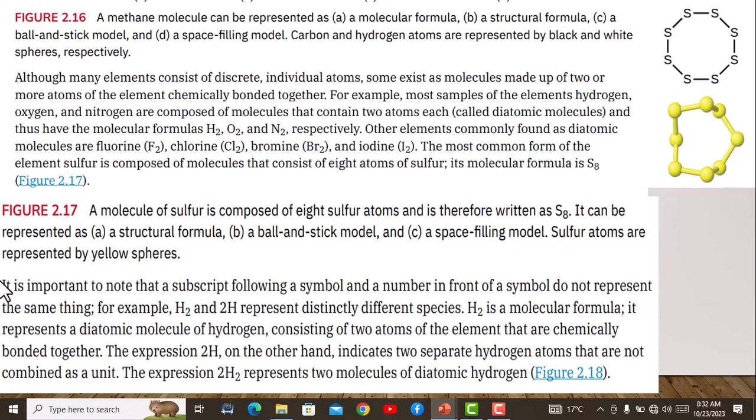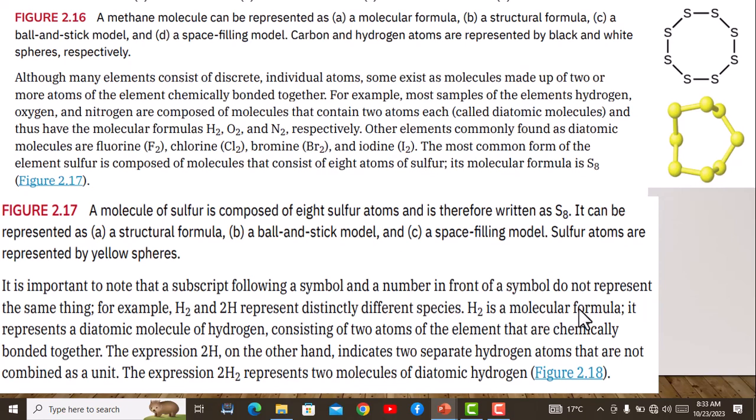It is important to note that the subscript following a symbol and the number in front of the symbol do not represent the same thing. We know that H2 is never the same as 2H. They have different meanings, so they represent distinctly different species.